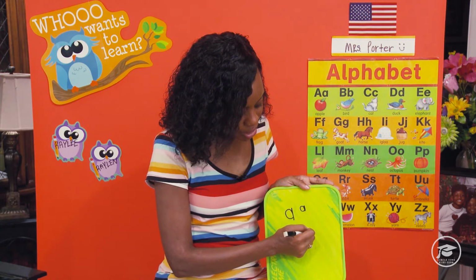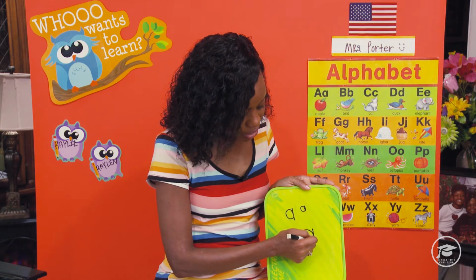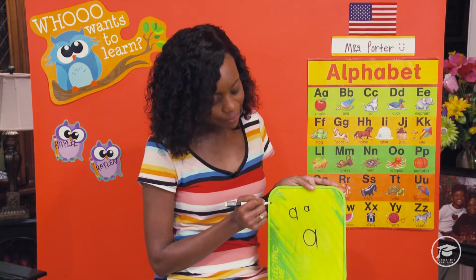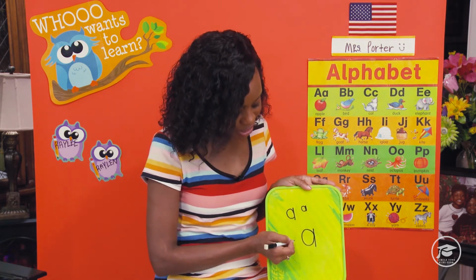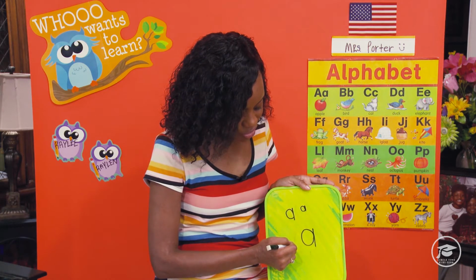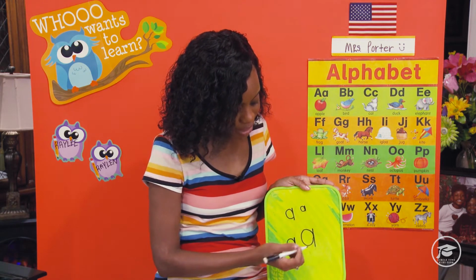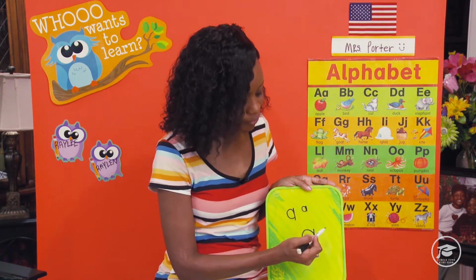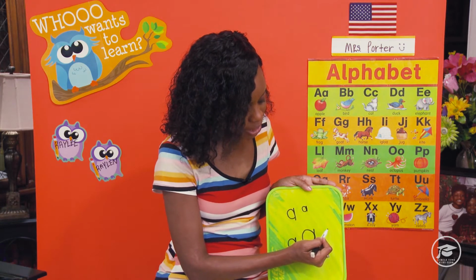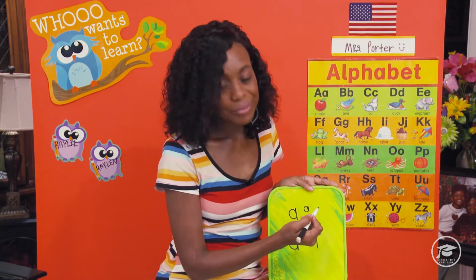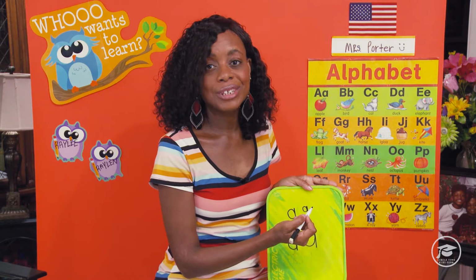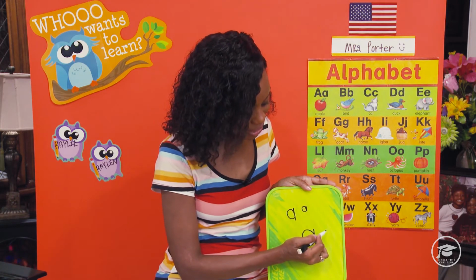Circle and stop. See? Let's do it again. Circle and stop. Let me show you how to start a circle. Some of my students over the years, they do theirs like this.